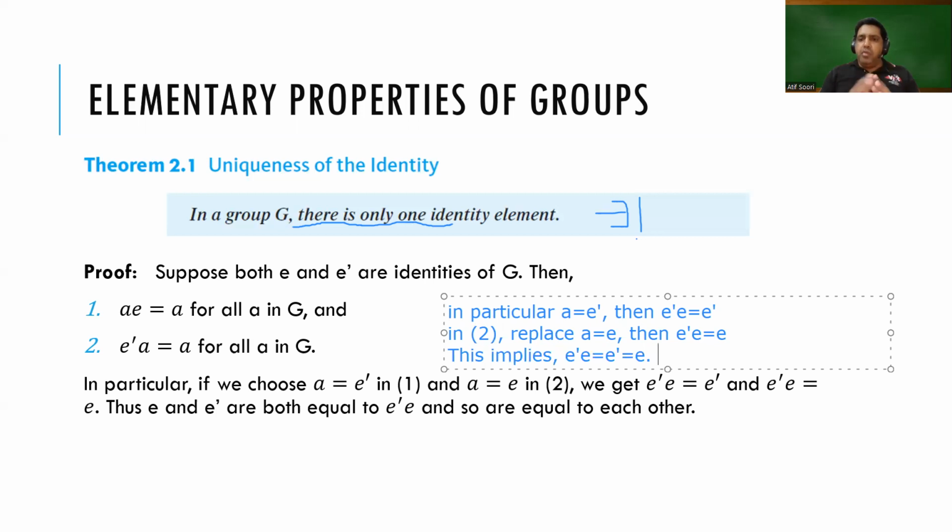We assumed that we have two distinct identity elements, but the contradiction says that those two identity elements are in fact the same. Thus, we have shown that the identity is unique. There is not more than one identity element in any group G. So this is the proof of the first property.